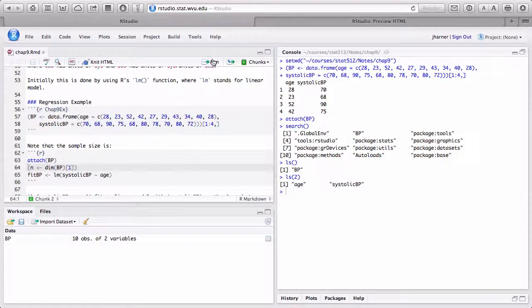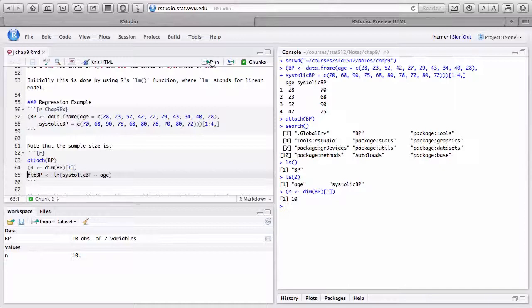Okay, now I'm creating n, which is the sample size. I take the dimension of BP, which is two-dimensional, with rows and columns, because BP is a data frame. It's sort of like a matrix, except the different columns can be of different types, numeric or character. And so I create another symbol n, which is now in my global workspace.